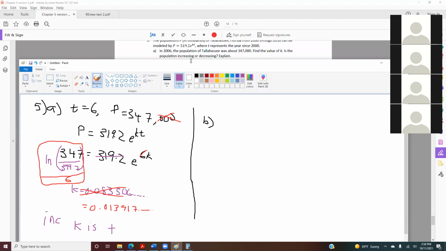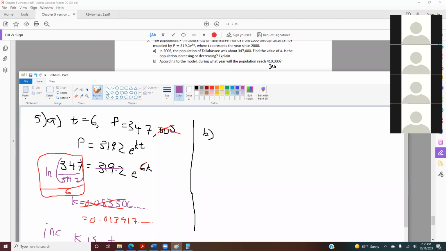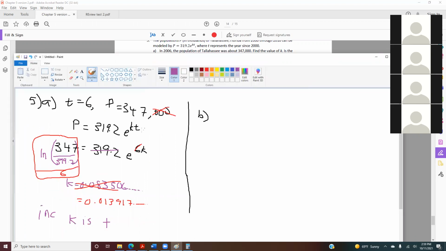According to the model, during what year did the population reach 410,000? So the model now, if I put this back here, this is the model: P equals 319.2 e to the power of 0.013917 t.